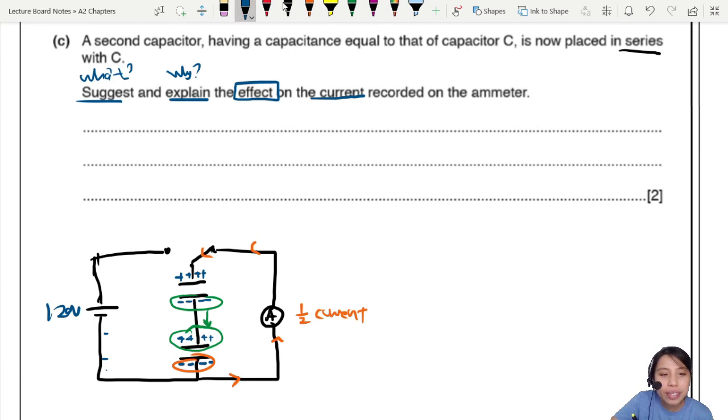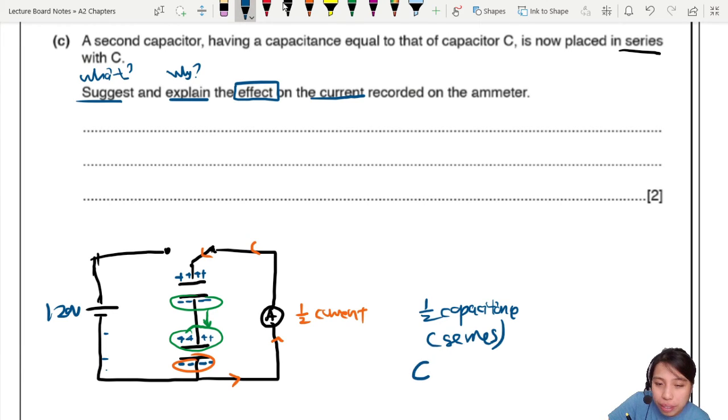And that is partially because now your effective capacitance has decreased. So half the current means half capacitance because connected in series. I give you a preview how to calculate this.